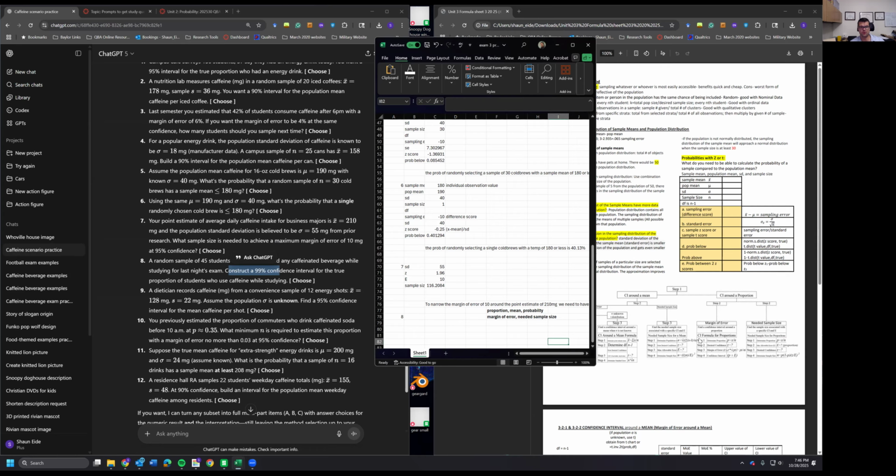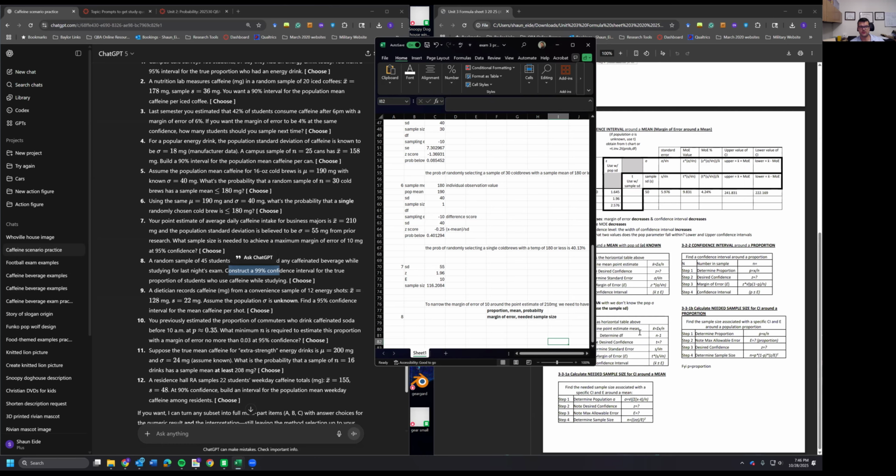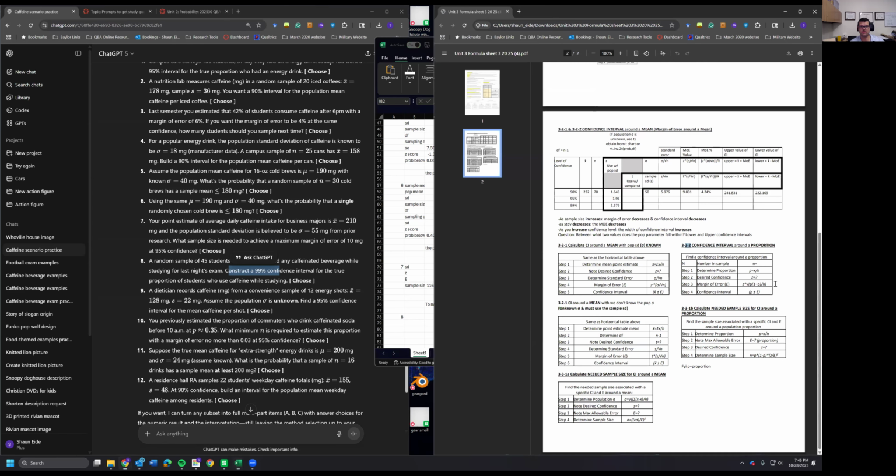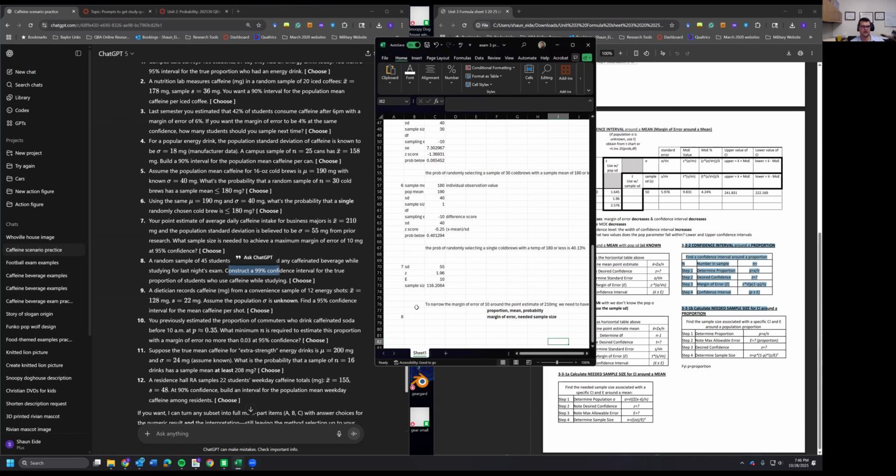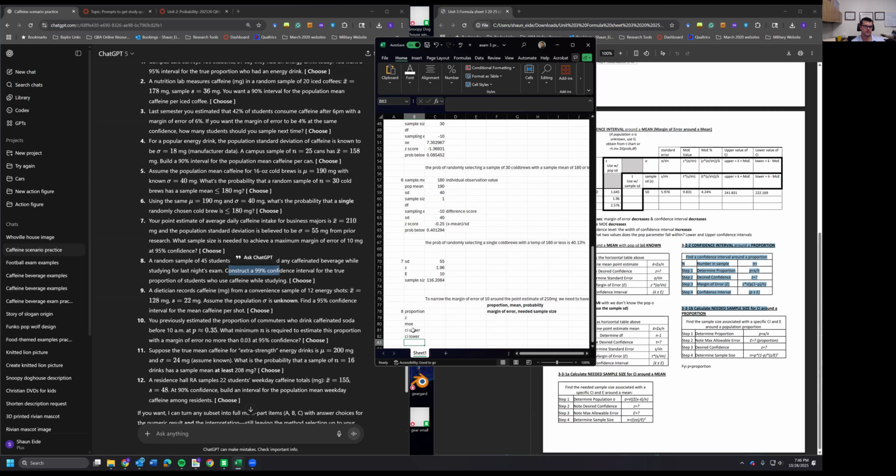So it's 1, 2, 3, 4. So 1, 2, 3, 4, confidence interval around a proportion. Okay, so we're going to enter the proportion, Z-score, MOE, and then CI upper and CI lower.